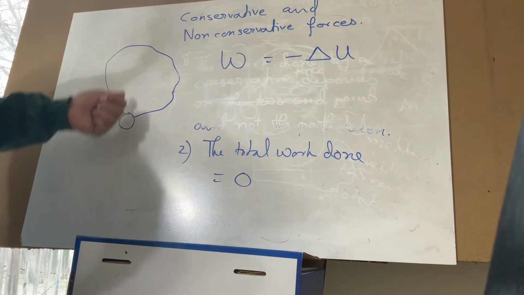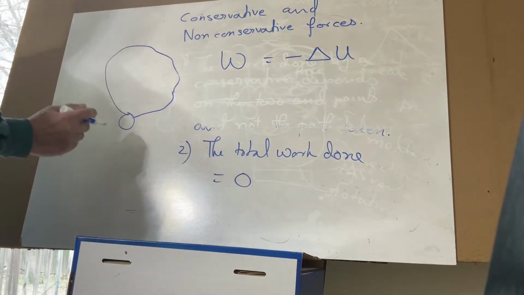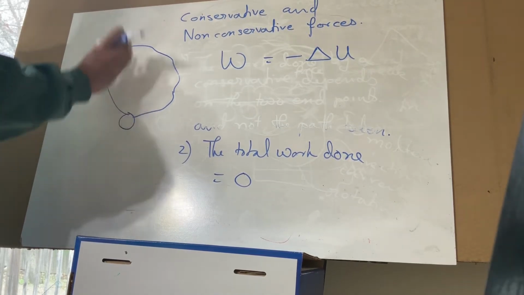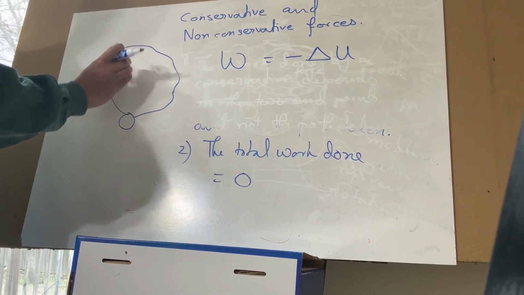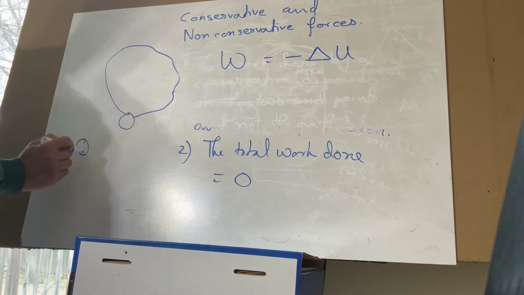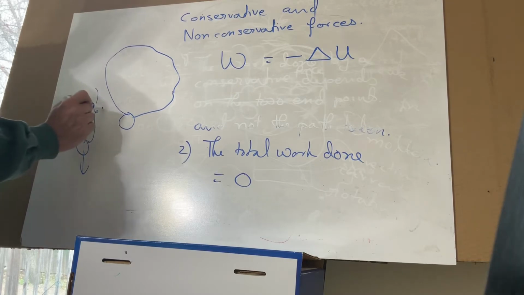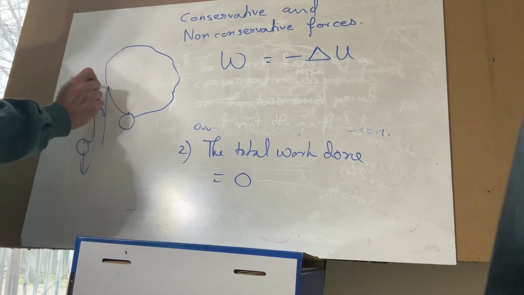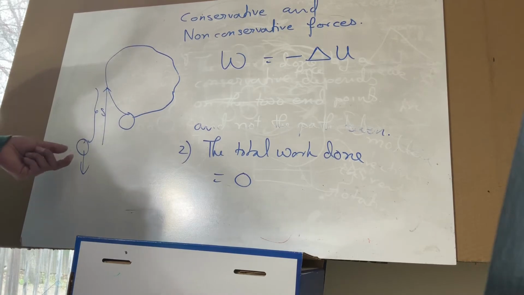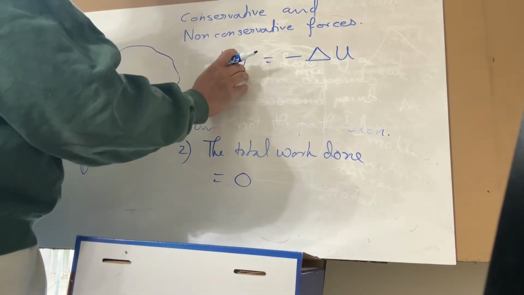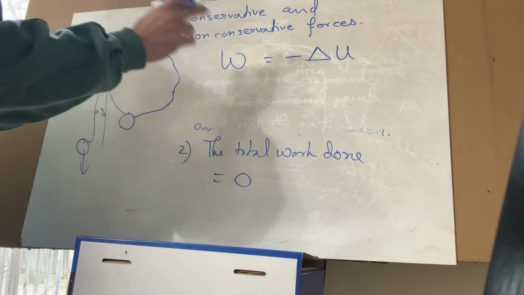In going up, for example, when I throw an object up, the work done is negative, because the force is downwards and the displacement is upwards. So the work done by gravitational force or spring forces for that matter is negative.